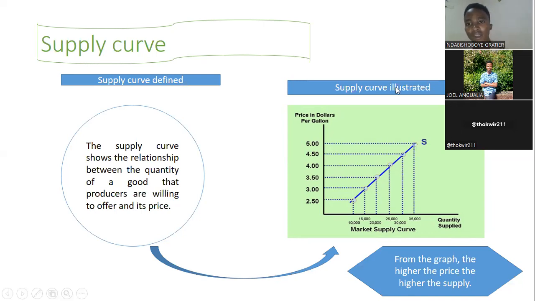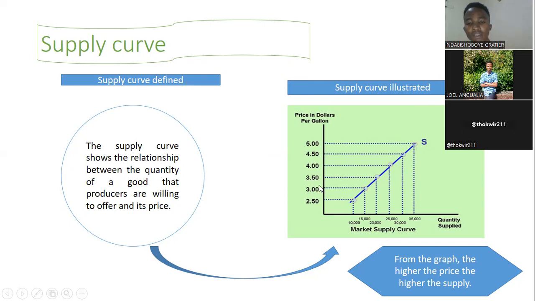From the supply curve illustrated here, we see that at a lower price, few commodities are being supplied. As the price increased to $3, the quantity supplied also increased to 15 units.